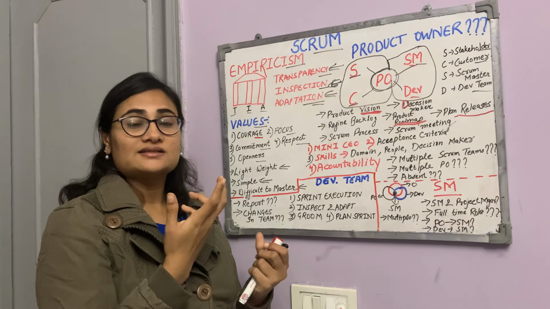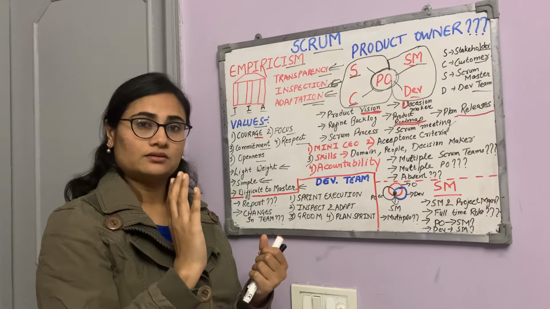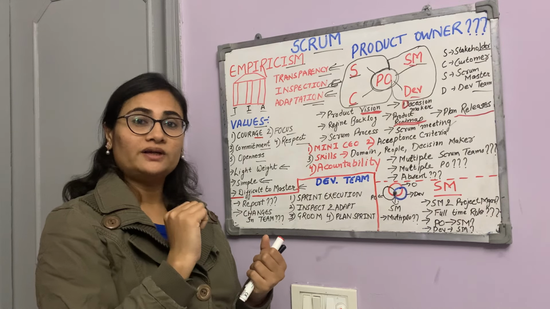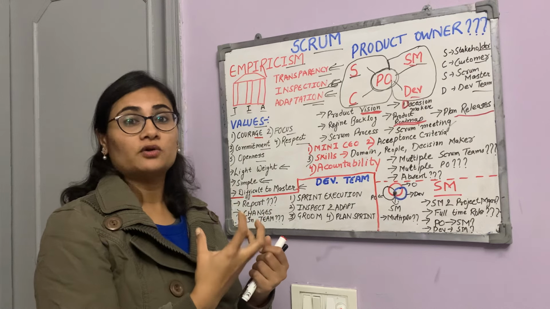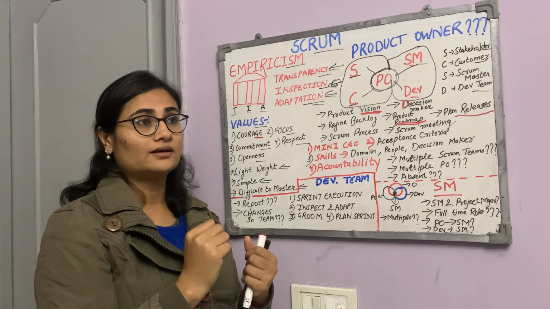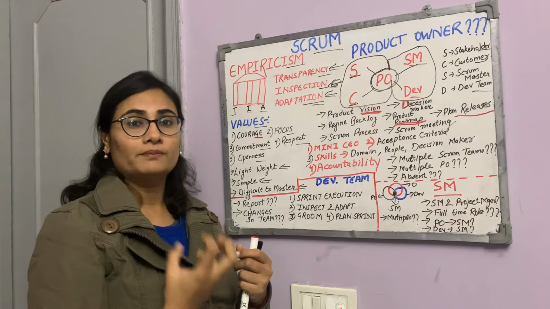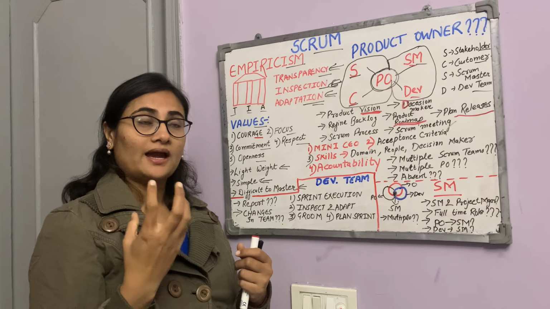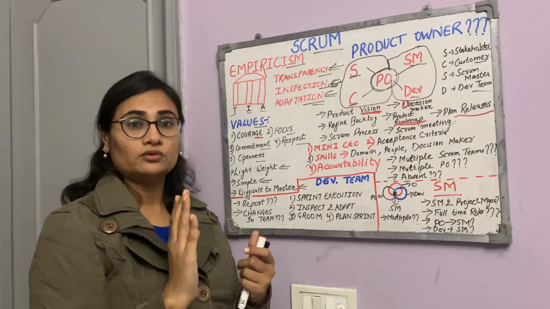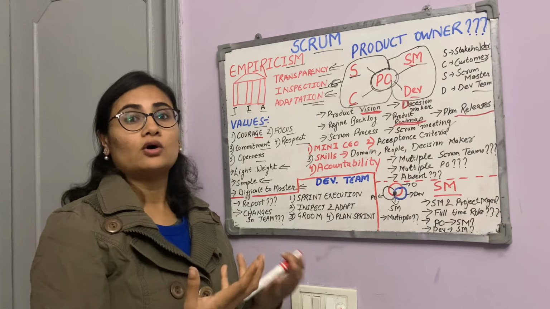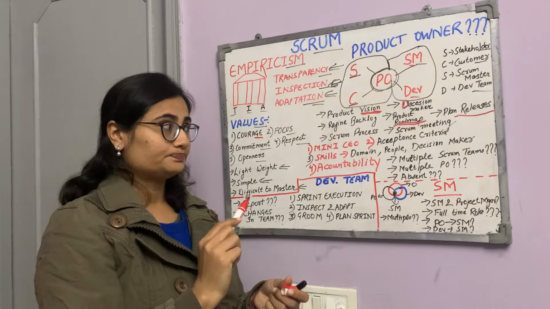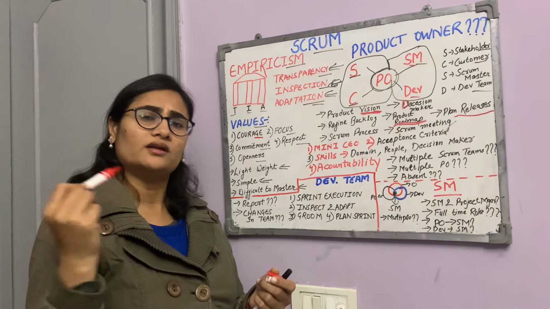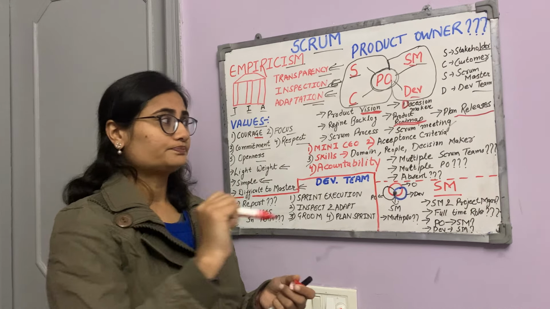He takes the sole decision of what is going to be developed within a sprint, within a release, how the product roadmap would look like, how the product backlog would look like, and how he is going to refine it. The sole authority of all these decisions lies with product owner. So it's a very, very important and a crucial role.